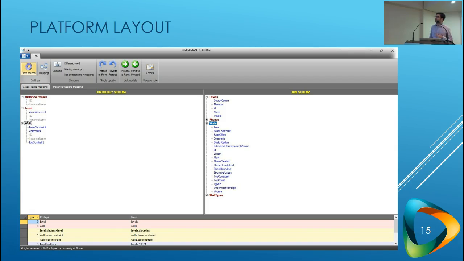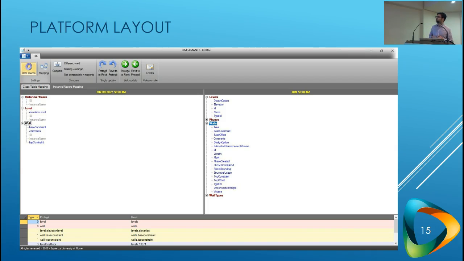On the other side, we have the BIM schema, with the taxonomies derived from the BIM database. And on the bottom part, we have the mapping area, where all the classes, properties, and instances are connected to each other from the two sides.